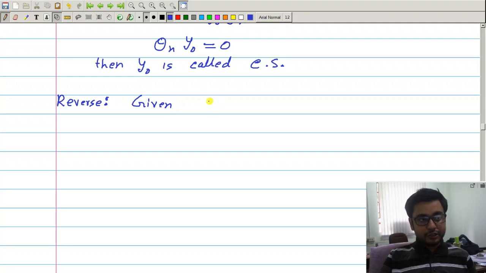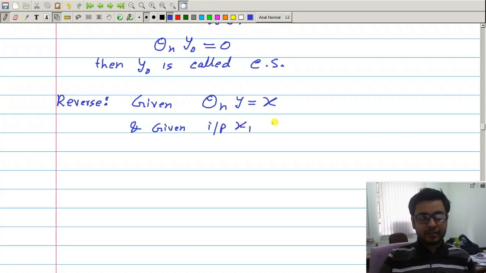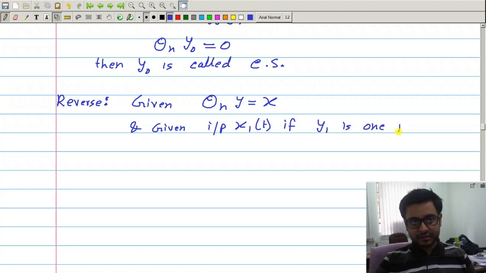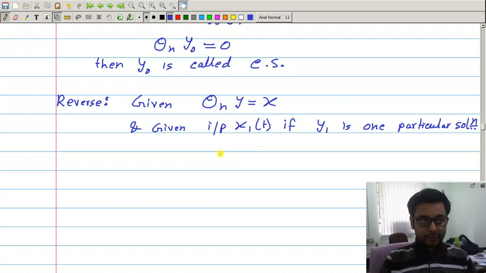Given the differential equation O_N acting on y is equal to x, and given the input x1, if y1 is one particular solution, that means y1 satisfies this equation O_N acting on y1 is equal to x1.